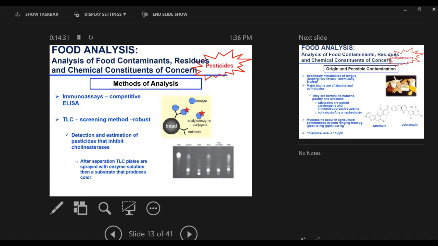Then what you see is the color, right? You have the enzyme, you incubate with the substrate, and you get color on all of that plate except where you have pesticide, because the pesticide is going to inhibit that enzyme from functioning. Then you would know, okay, I have different pesticides in there. In order to identify what they are, I can take these samples and do further testing with LCMS or GCMS. So that's an introductory method that you would do for screening before going to elaborate methods.